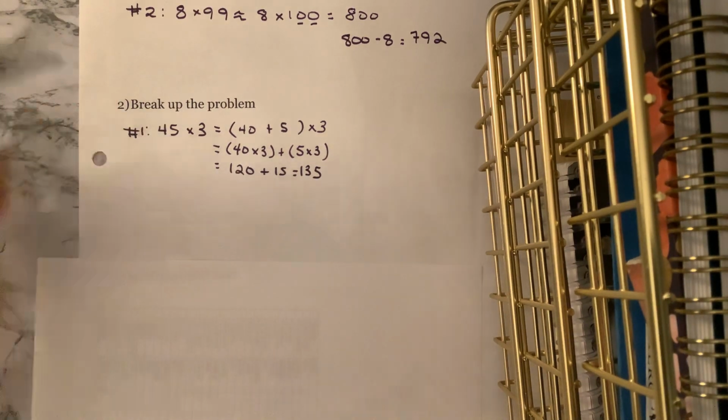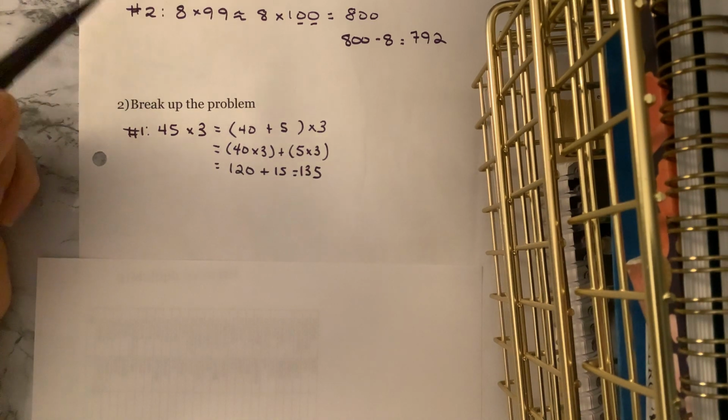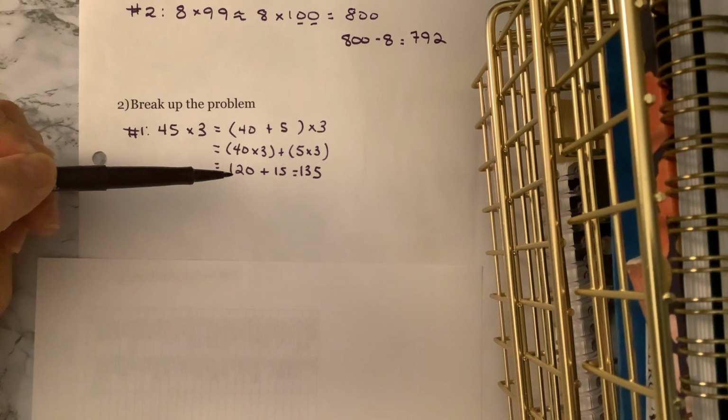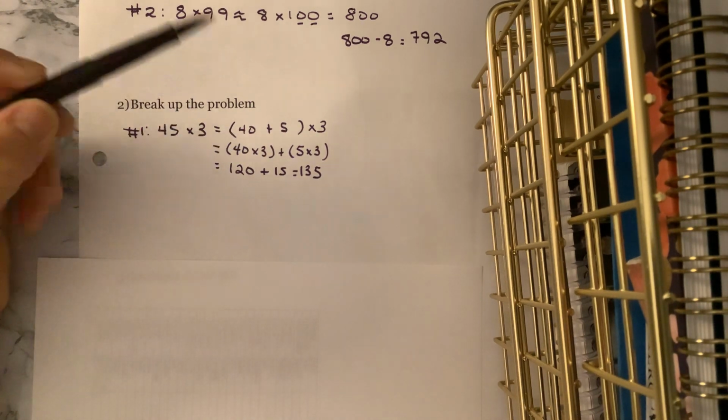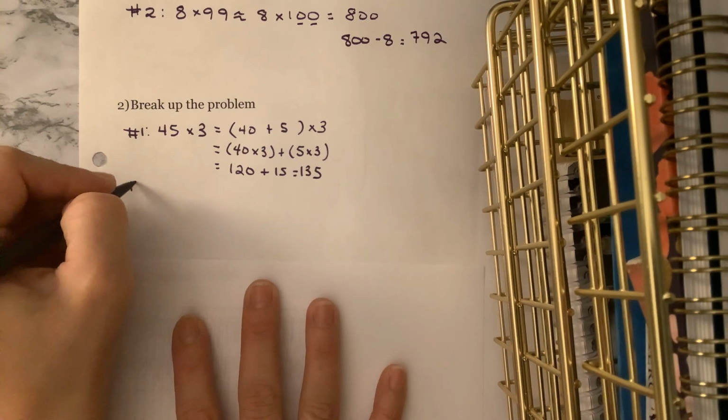So this is an example, 5th graders, as I've been kind of hinting in our lessons, right? 45 times 3 is not something that you would be able to do mentally. But if you break it up using the distributive property, you could do this mentally, right? You could think about it. And really, you probably could do this without writing all those steps, which is pretty much what we're going to do for number 2.